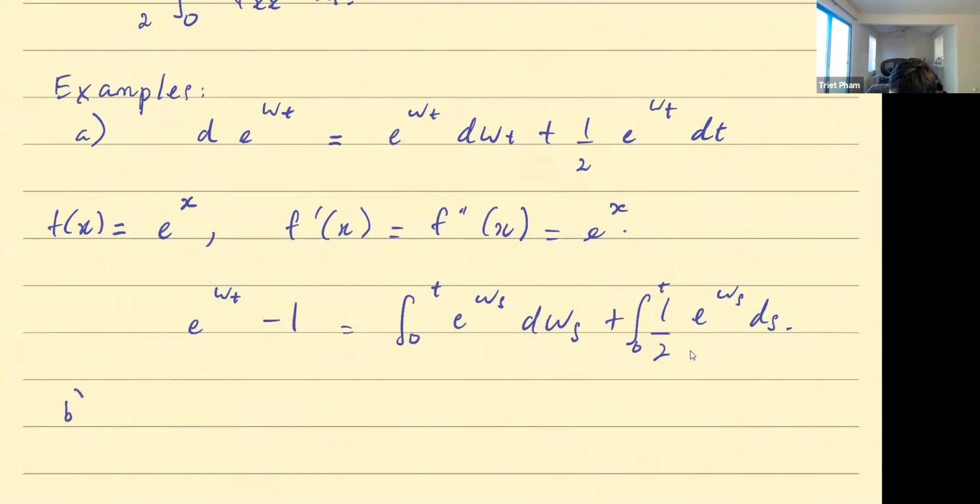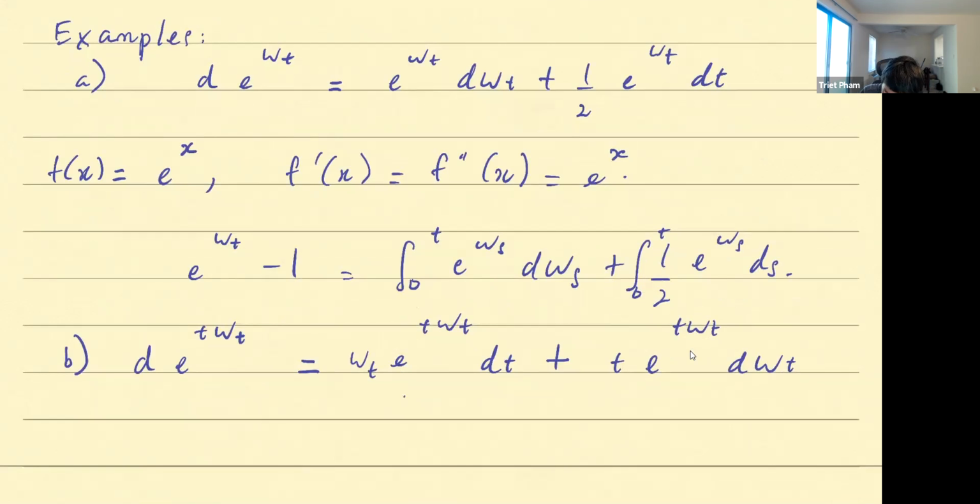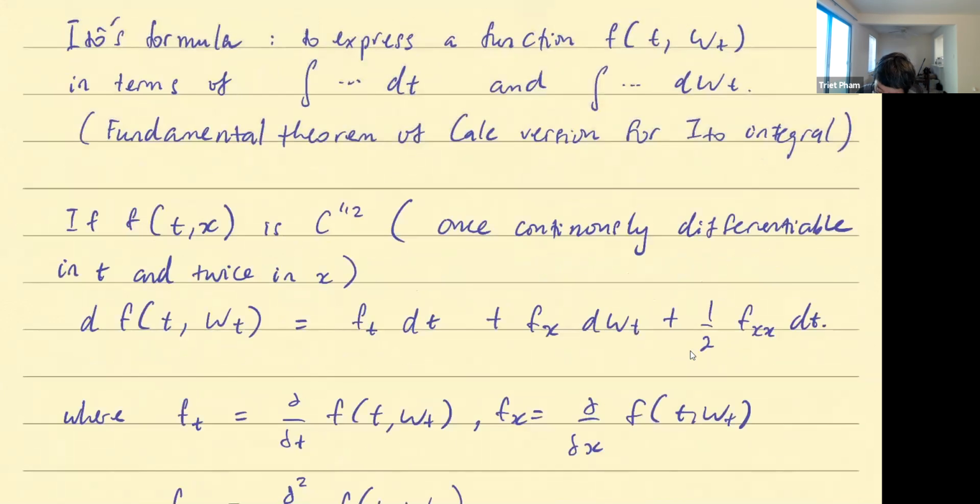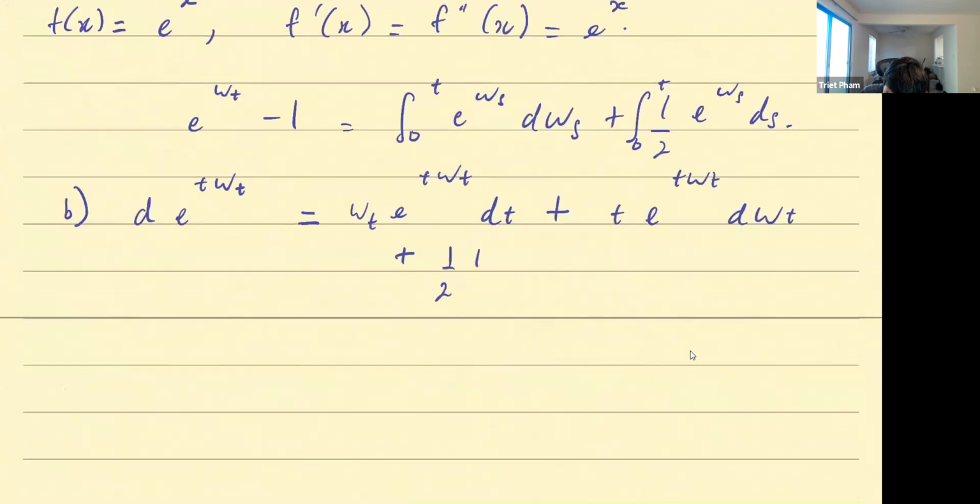So the second example, we will look at a similar function, but now we introduce a t dependence, and let's suppose that the t dependence is up here. First there's a partial with respect to t, so we get W_t e^{tW_t} dt, plus, differentiating with respect to W_t, t e^{tW_t} dW_t, and then differentiating with respect to W_t one more time gives t^2 e^{tW_t} dt.